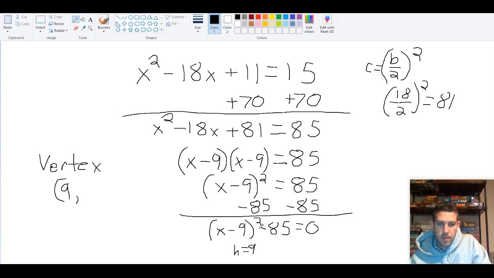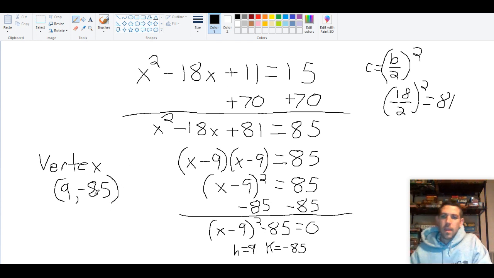And over here is subtracting 85, which means the k value is negative 85, and that is the y value of my vertex. So negative 85. So kind of a weird vertex, but like I said, I just made this up. But I did it because I know how to complete the square and write it in vertex form to find the vertex. Well, that's it, and I hope to see everyone in class soon.